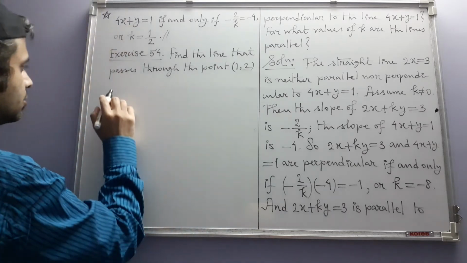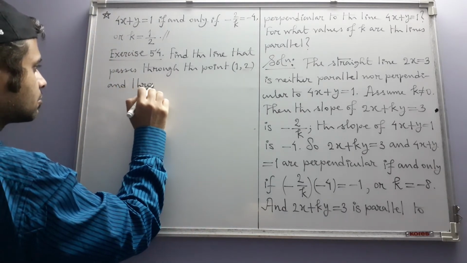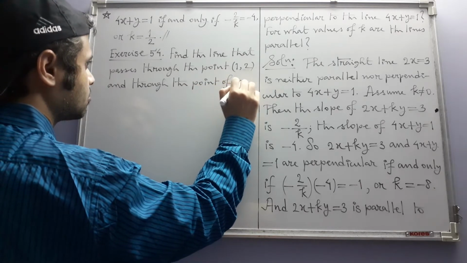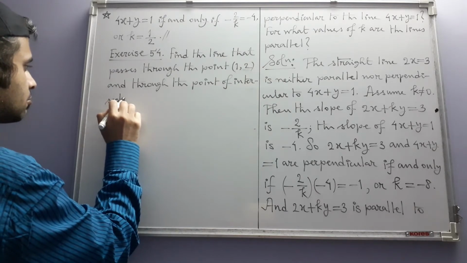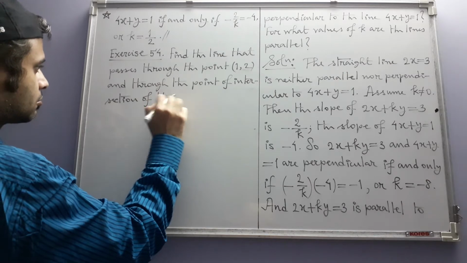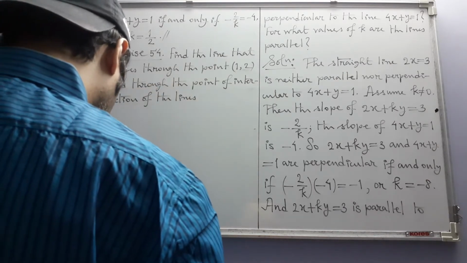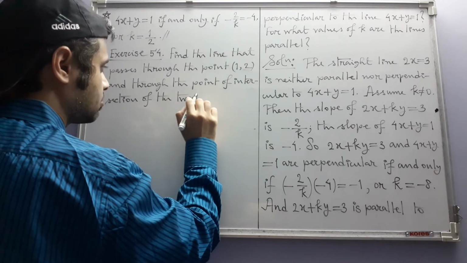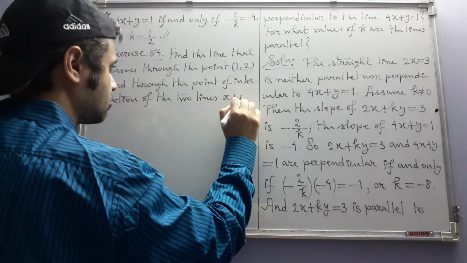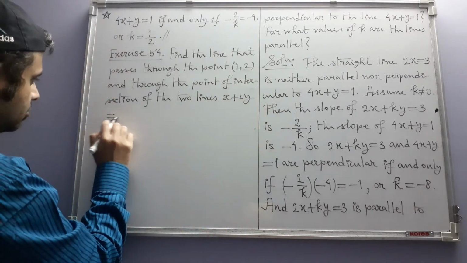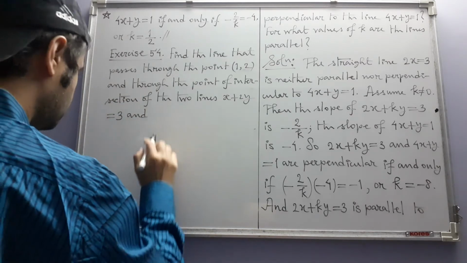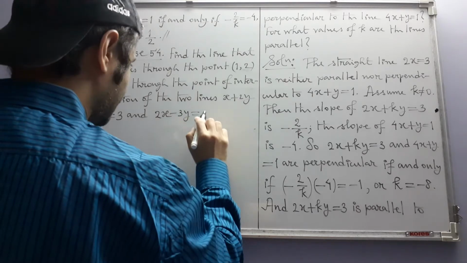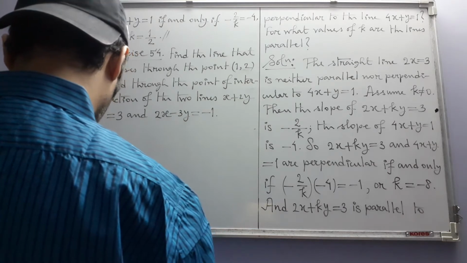And through the point of intersection of the two lines x plus 2y equal to 3 and 2x minus 3y equal to minus 1.